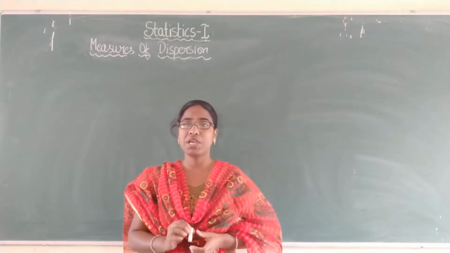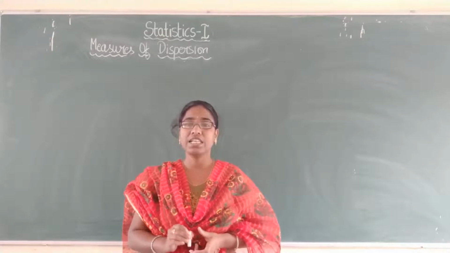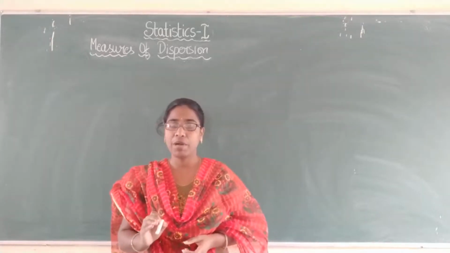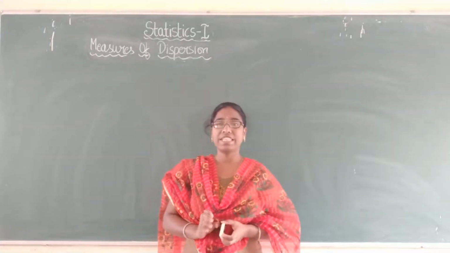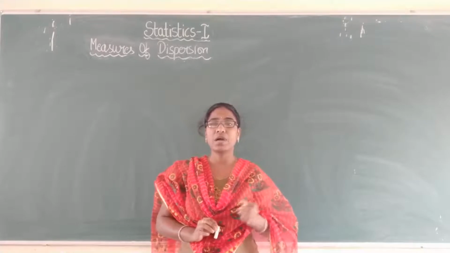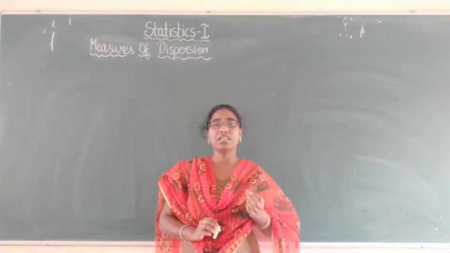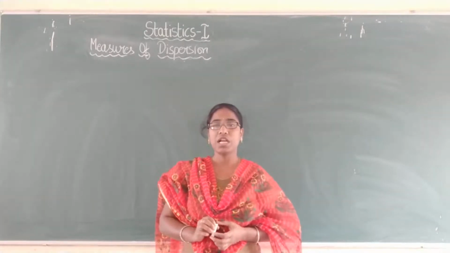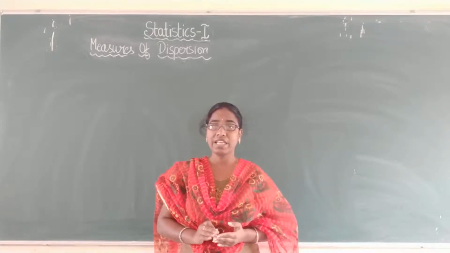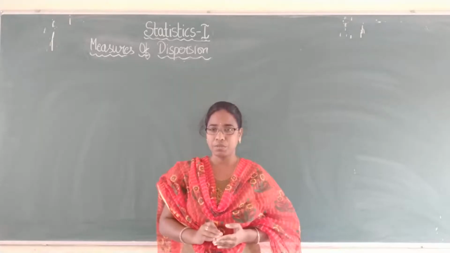Since measures of central tendency do not provide complete information about any distribution, it just describes the values in the central part of the distribution by a single value. That is not at all enough to have an idea about any distribution.